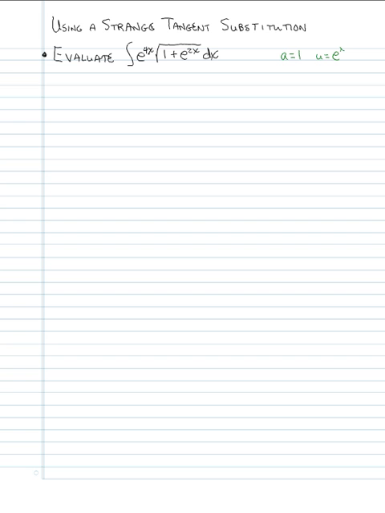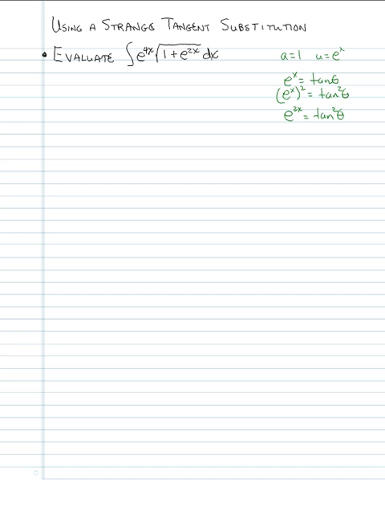Hopefully after we practice this, we could immediately say, oh, I'm going to make e to the x tangent of theta. And so then I recognize when I square e to the x, I'll get tangent squared of theta, because I'm doing this for a particular reason. And of course, when I square e to the x, I get e to the 2x. So in that position of e to the 2x, I can replace it with tangent squared theta.